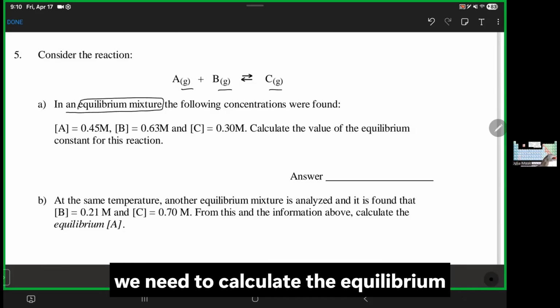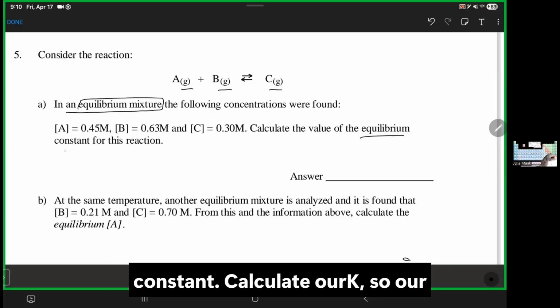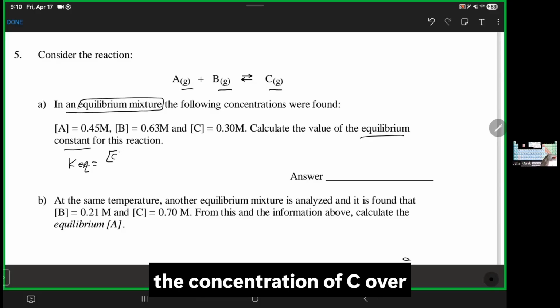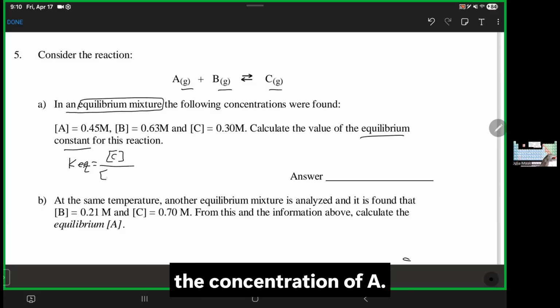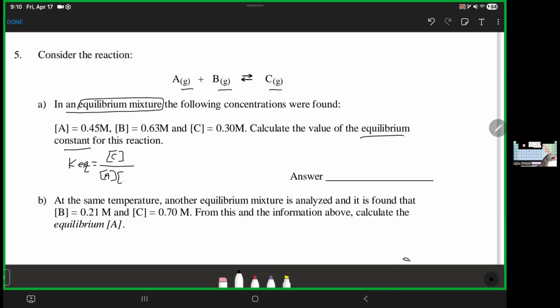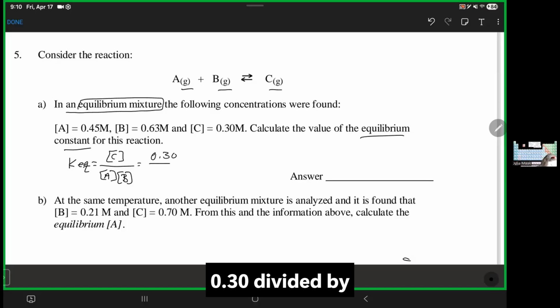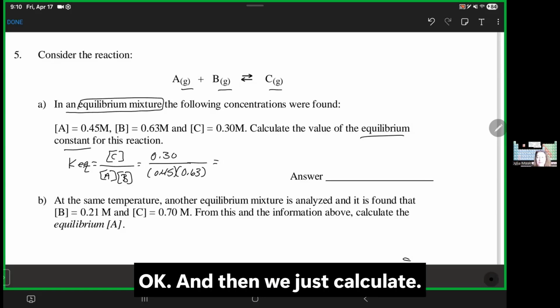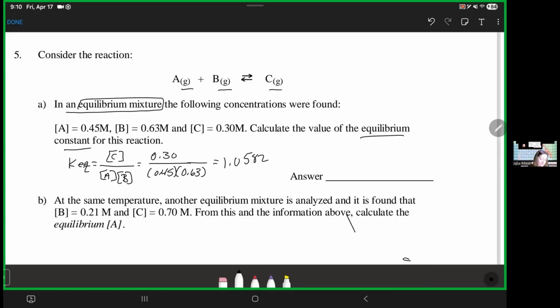So we need to calculate the equilibrium constant, calculate our K. Our K_eq is going to be the concentration of C over the concentration of A times B. So my C, 0.30, divided by my 0.45 times my 0.63. Okay, and then we just calculate.